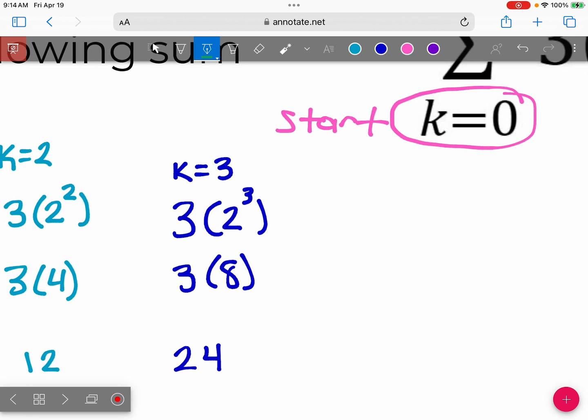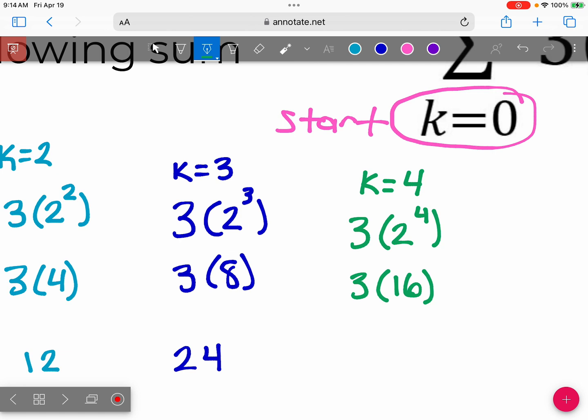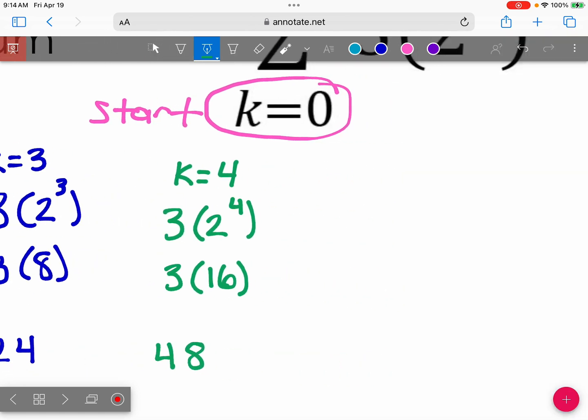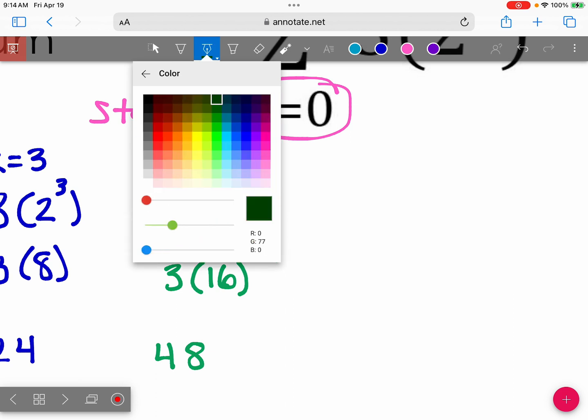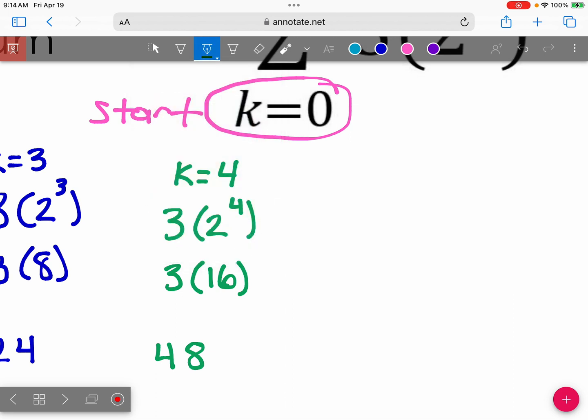Almost there. We're at k of 4. Same vibe. 3 times 2 to the 4th. Going to be 3 times 16. Also known as 48. And then we're finally up to k equals 5.